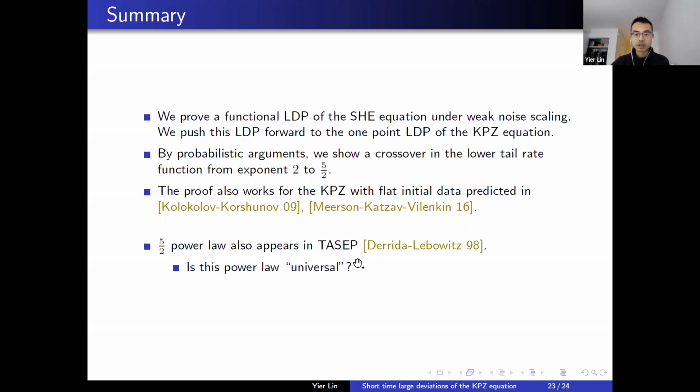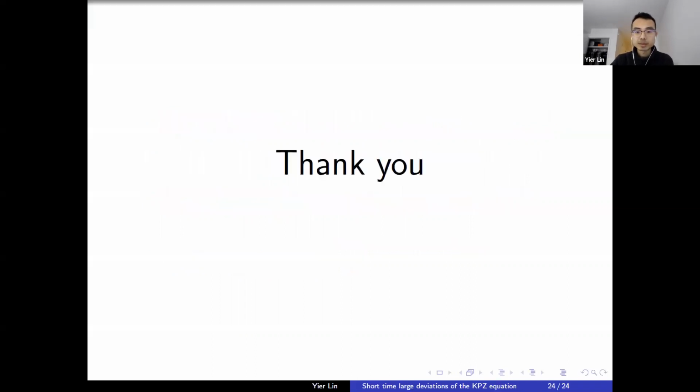So they have a physics heuristic showing this. One natural question is whether this 5/2 power is really something universal, which does not only appear in the tail behavior of the KPZ equation, but also in other models, for example in the KPZ universality class. Okay, that's my talk. Thank you.